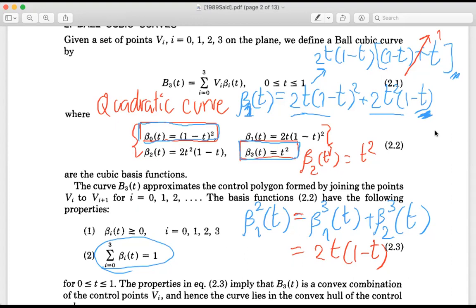Okay, I help you finish all. So this is the idea that Said did for forming the generalization of Ball curve of any degree.